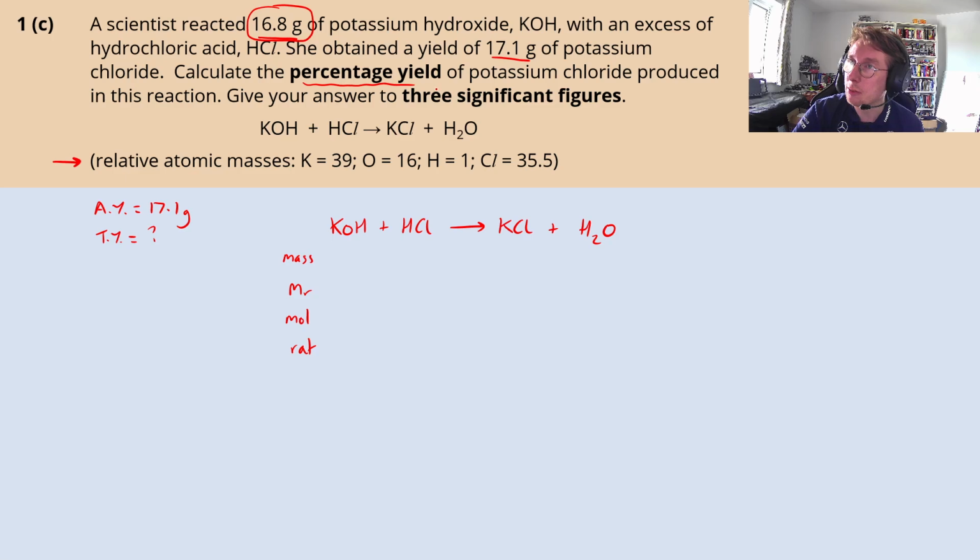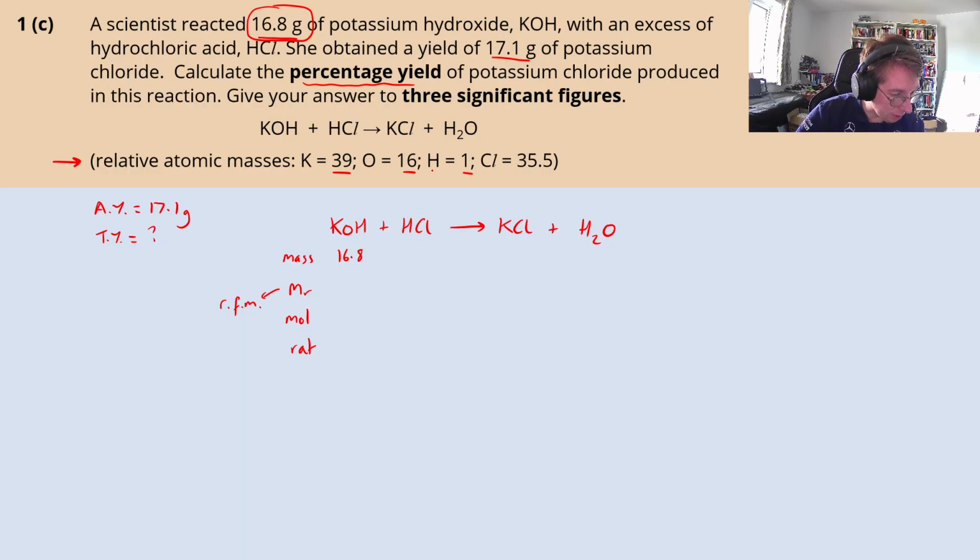And we've got a mass of potassium hydroxide equal to 16.8 grams. Now the relative formula mass, that's what this is. So if you see Mr, it's another way of writing relative formula mass. The Mr of KOH is going to need to be calculated. So we've got one atom of potassium, so that's equal to 39. We've got one atom of oxygen, that's got a relative atomic mass of 16. And we've got one atom of hydrogen, so that's got a relative atomic mass of 1.